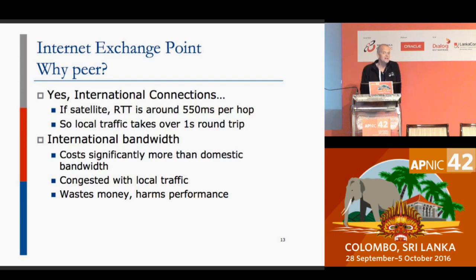That costs you money. You've got net money going overseas, paying some other foreign operator, an infrastructure provider, just so you can send traffic locally. And of course, it harms performance. We all know that longer round trip times means slower transfer rates and so forth.